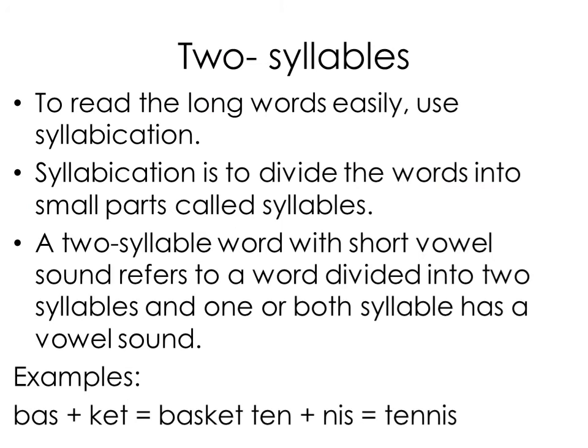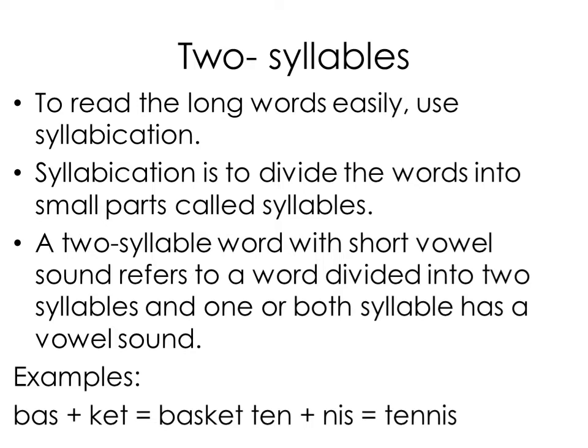Now, to read the long words easily, use syllabication. Syllabication is to divide the words into small parts called syllables. A 2-syllable word with a short vowel sound refers to a word divided into 2 syllables and one or both syllables has a vowel sound. Example, rabbit, just like that.